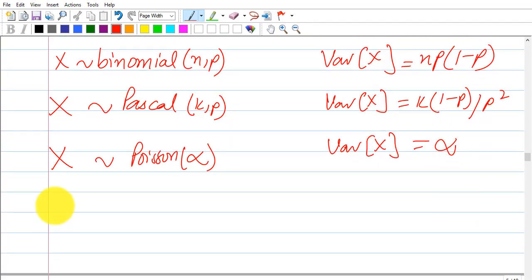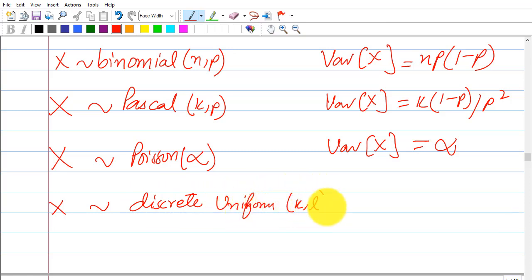And if X is discrete uniform k, l, then the variance of X is simply l minus k plus 2 divided by 12.